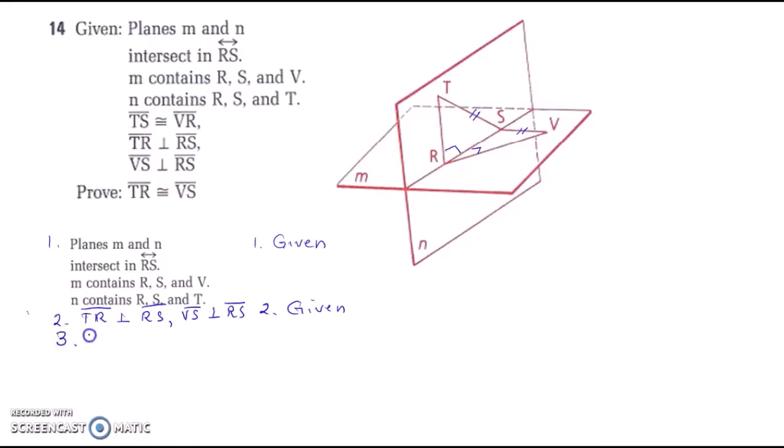So I'm going to go ahead and establish that angle TRS and angle VRS are right angles, because if segments are perpendicular, then they form right angles. So that's my right angle. And then my hypotenuse was given as TS congruent to VS.